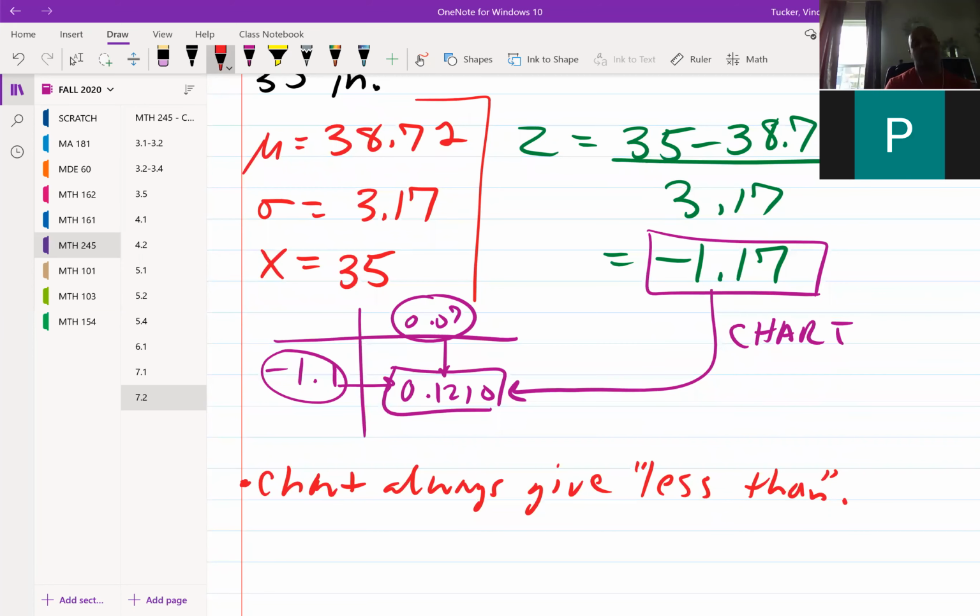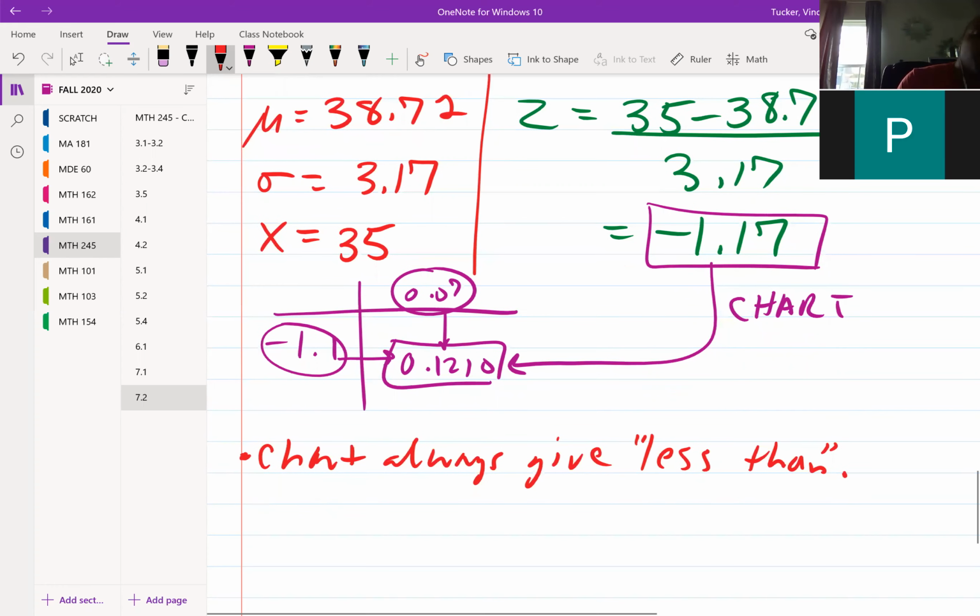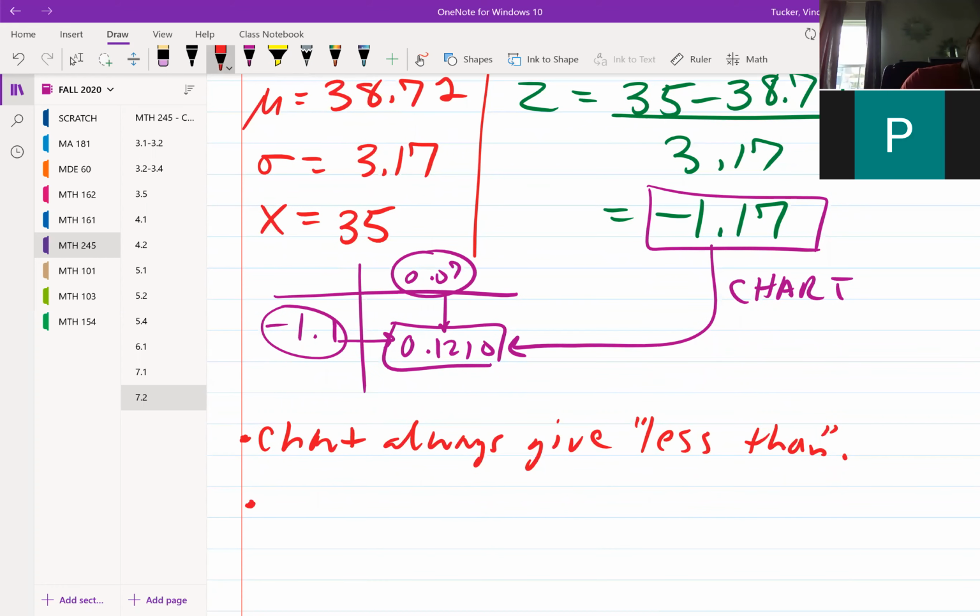Anything that dictates less than, your chart gives that value. So you just use the chart value.